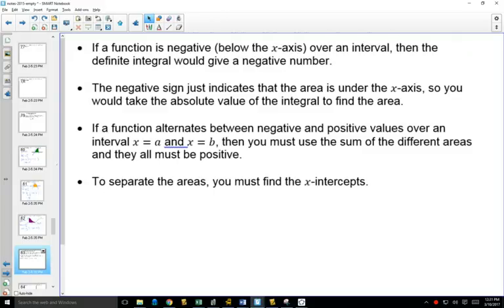Now, if we were looking at a function that some of the area is above and some of the area is below, and you just did the integral from a to b, those areas are going to cancel each other out. So sometimes if you want to find the actual area between the curve and the x-axis, you're going to have to separate it by what's below the curve and what's above the curve. In order to do that, you're going to need to find your x-intercepts.